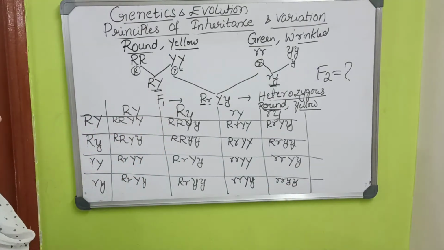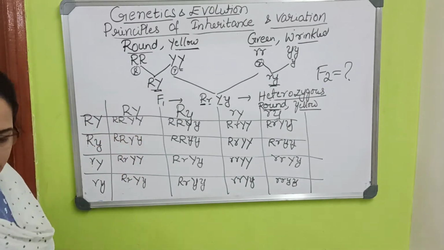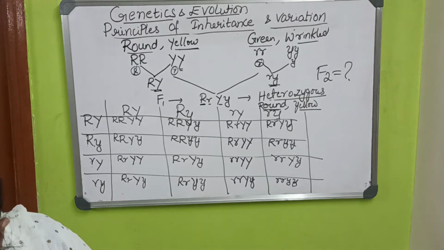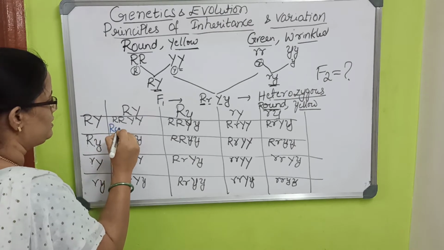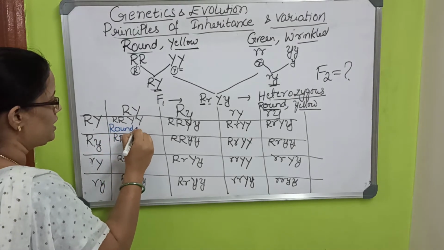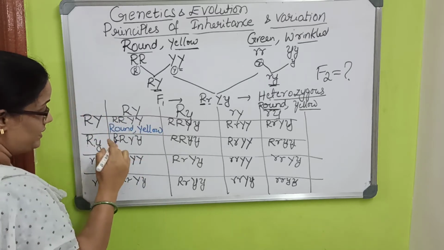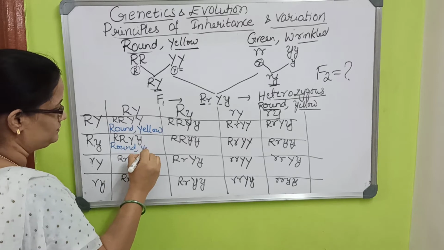So now we are going to see the ratio that has come. You can write it as round and yellow. See, here the complete round and yellow character has come. Here again it is round and yellow.